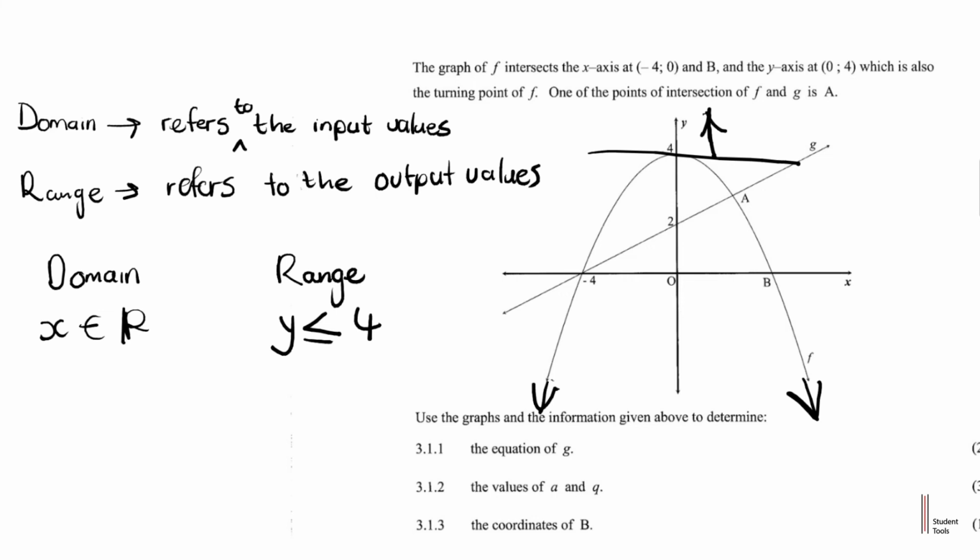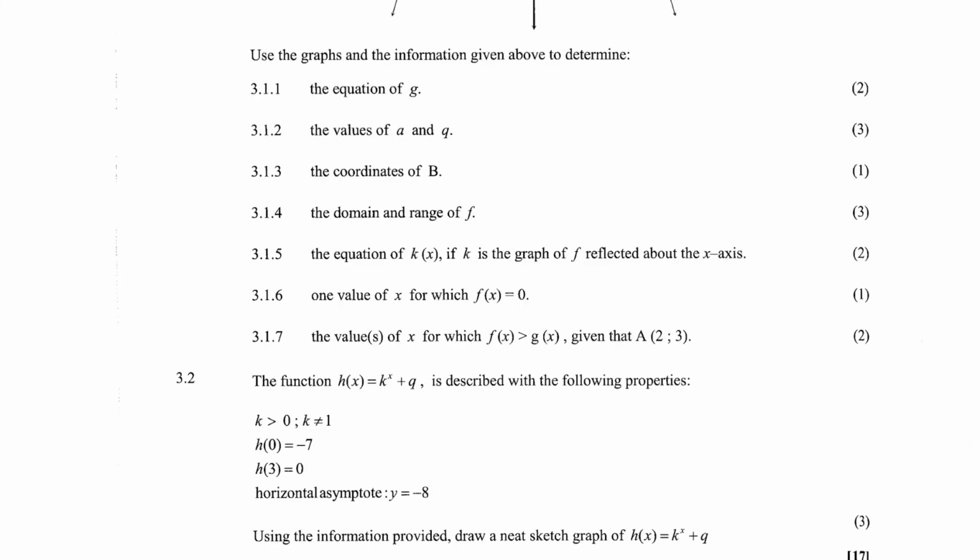Now let us move on to the next question. 3.1.5. Use the graphs and the information given above to determine the equation of k of x if k is the graph of f reflected about the x-axis. Okay, so we have the graph f here.